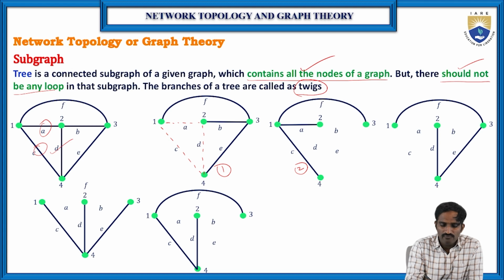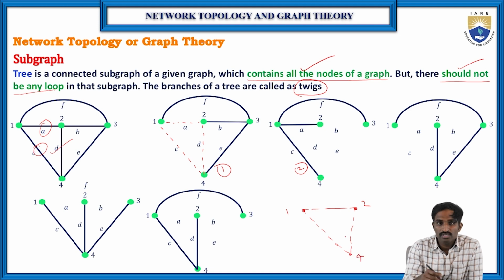So in the first tree, what are the branches that we removed to form the tree? A, C and D. So here this A, this C and this D, with nodes 1, 2 and 4. For this subgraph there is no condition that it should contain all the nodes of the graph; it may or may not contain all the nodes.